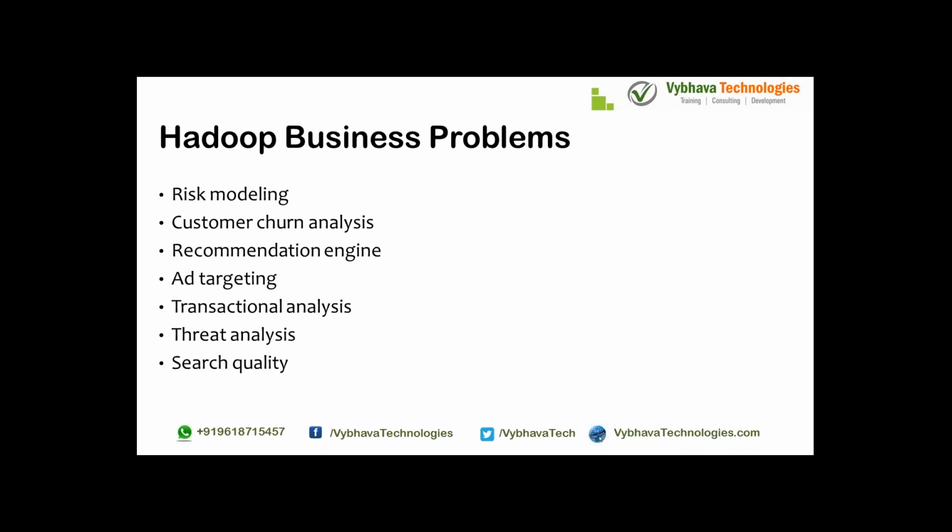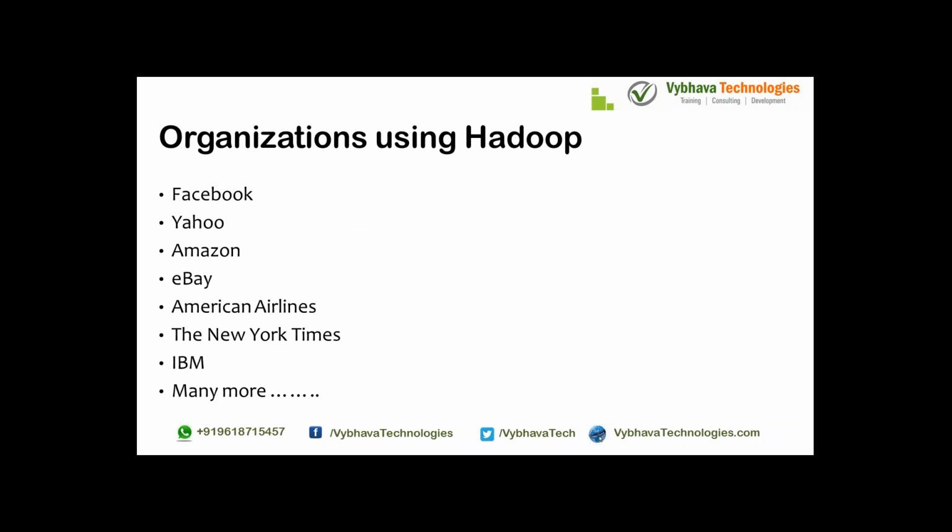It's almost 16 billion pages indexed. When you type the first letter, the continued letters automatically become available on your search bar. All of this happens because of Hadoop. So who is using Hadoop? Facebook, Yahoo, Amazon, eBay, and so on. There are so many companies using Hadoop.